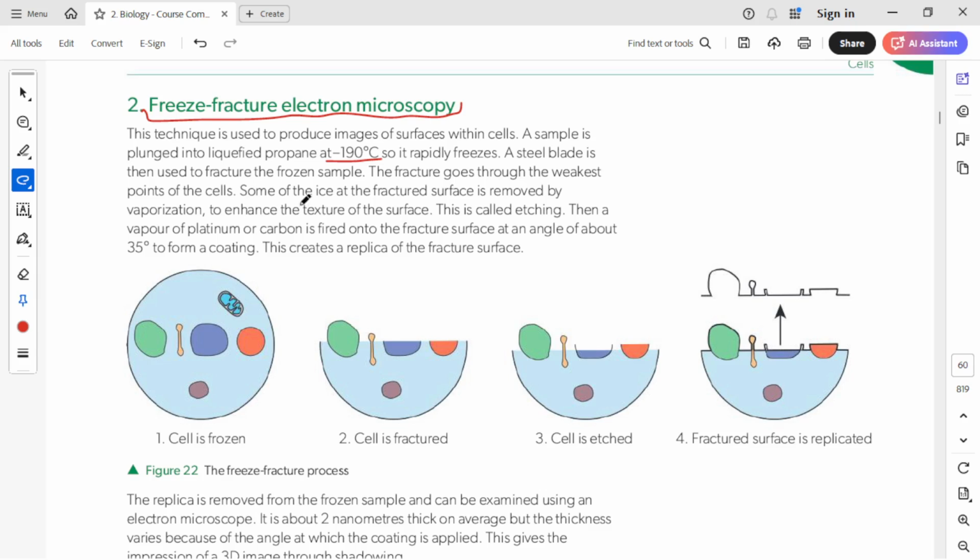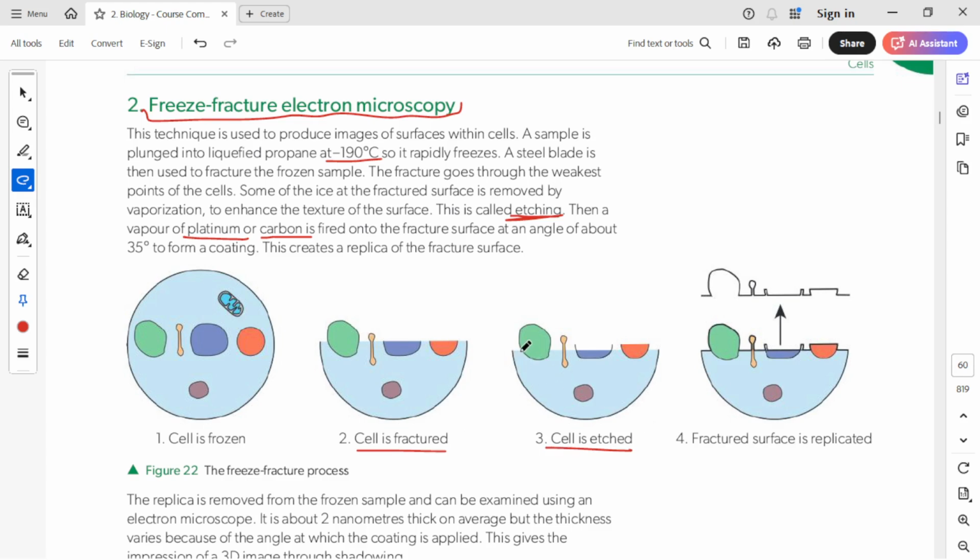After that, the fractured surface is removed by vaporization to enhance the texture of the surface. This is called etching. Etching is done to make a clear surface on the top, and after that a vapor of platinum or carbon is fired on the fractured surface. So first the cell is fractured, then the cell is etched.